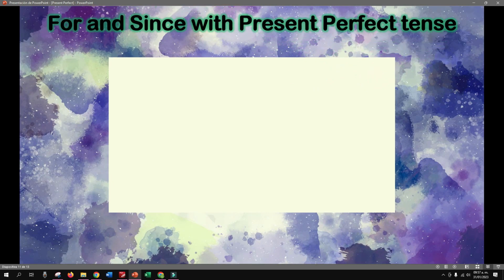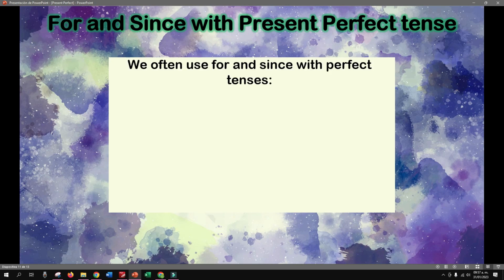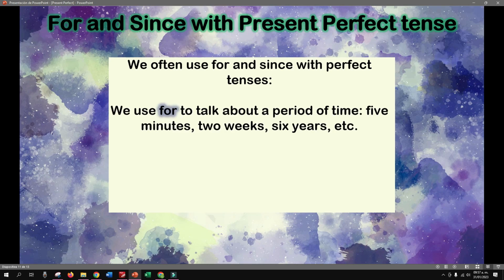Also, you have some words that you can use with the present perfect. We often use for and since with the perfect tense. How? For example, we use for to talk about a period of time.